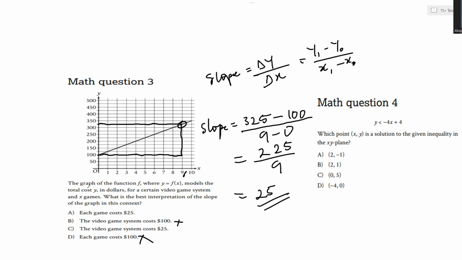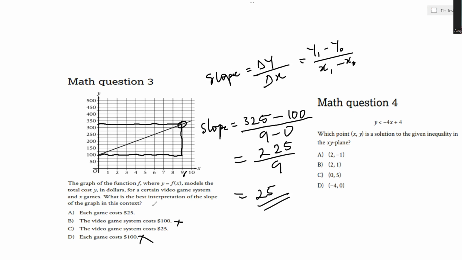So let's go back to the question again. The graph of a function shows the total cost y in dollars for a certain video game system and x. So this graph mainly shows the cost in dollars of a certain video game.